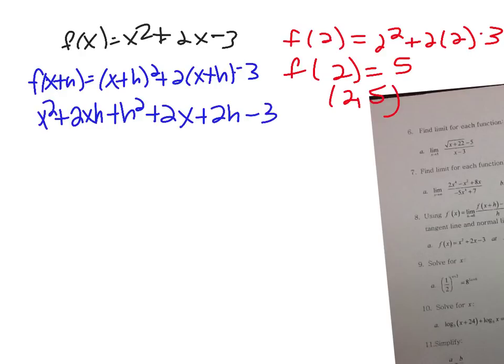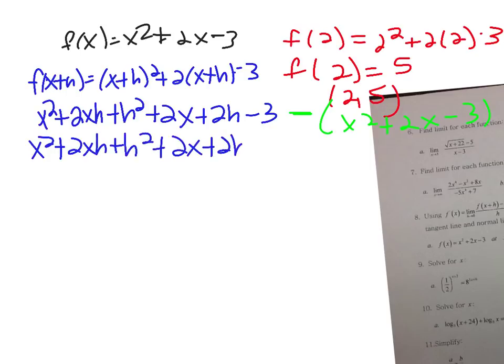And then I have to subtract my trinomial x squared plus 2x minus 3. So let's distribute. So I get x squared plus 2xh plus h squared plus 2x plus 2h minus 3 minus x squared minus 2x plus 3.